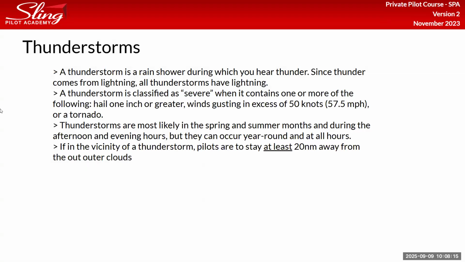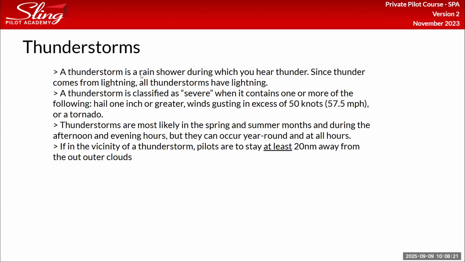So a thunderstorm obviously has thunder associated with it. You can't have a thunderstorm without thunder and lightning. Thunder comes from lightning, so you're gonna have lightning. All thunderstorms have lightning and thunder. It's classified as severe when it contains one or more of the following.